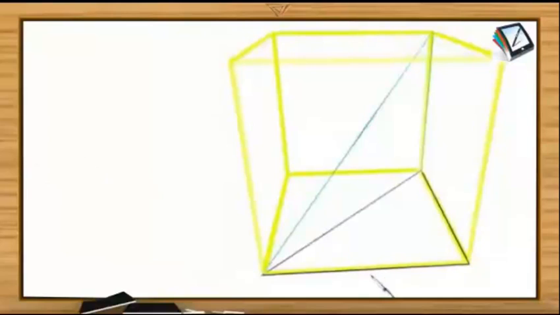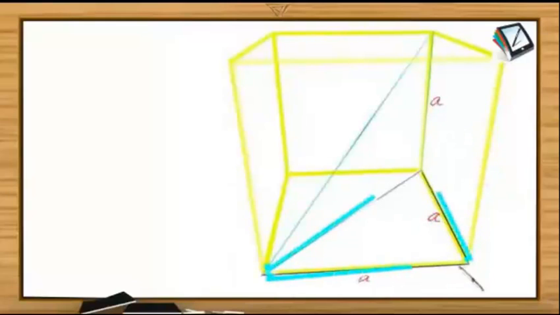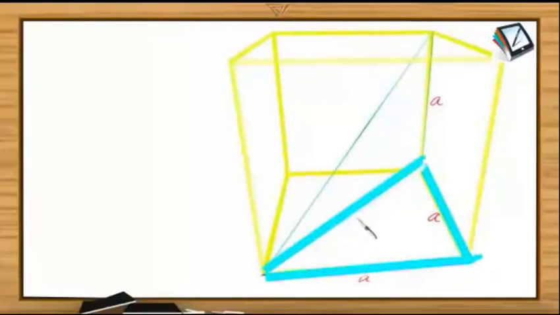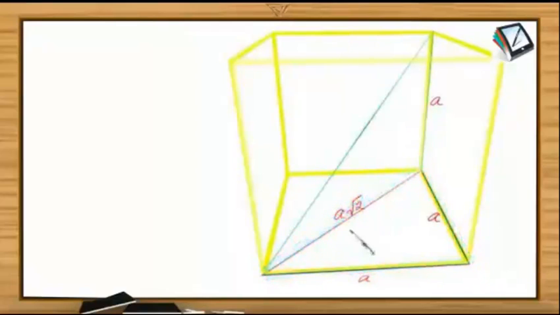So here you can see that if suppose A is the side length, so A will be this, A will be this, and for this right angle triangle, this particular face diagonal is what? Hypotenuse. So this becomes A root 2 and this is A, and we have seen it clearly that this angle is also 90 degree.